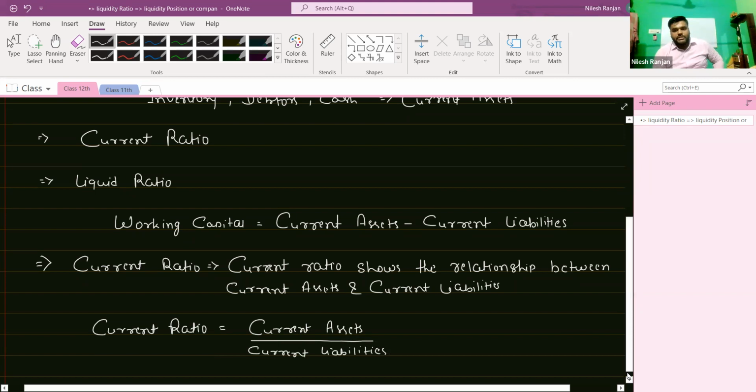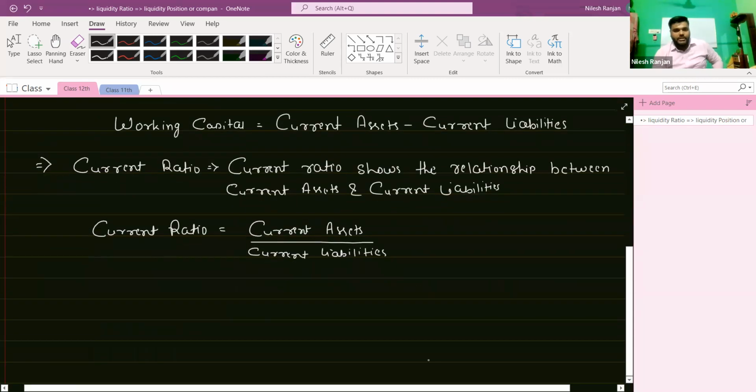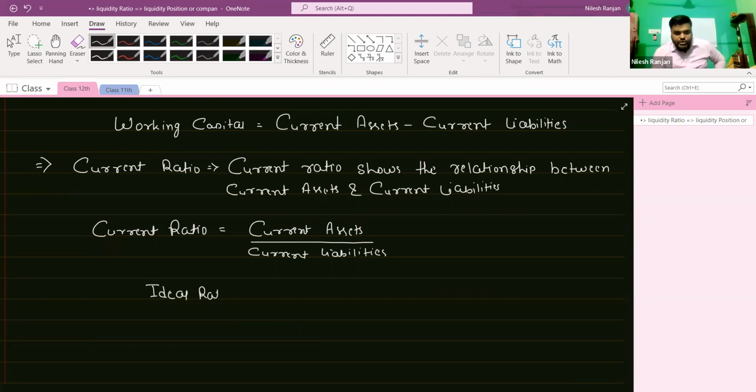So this is the formula for current ratio. The ideal ratio for current ratio is 2 is to 1. It means if you have liabilities of rupees 1 lakh, then you can have rupees 2 lakh of current assets.